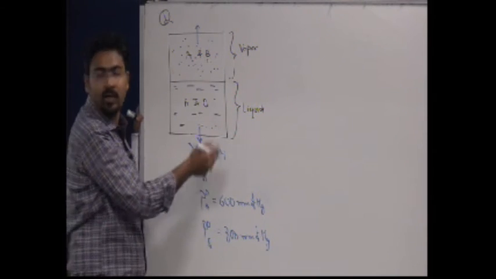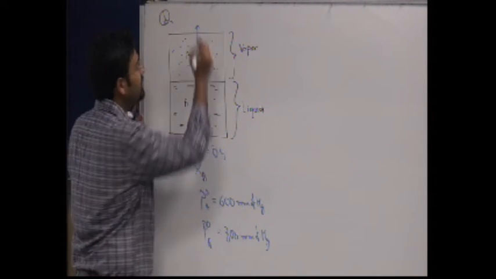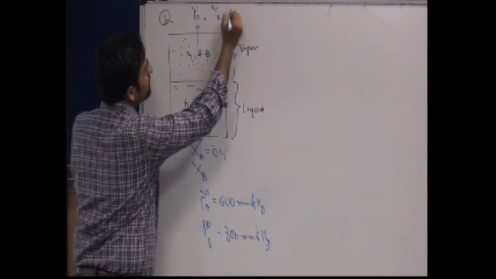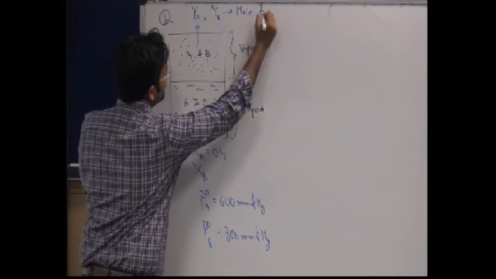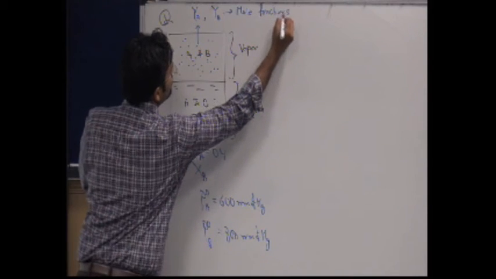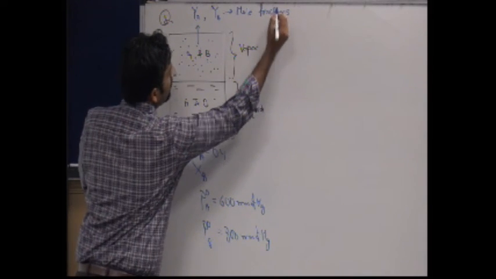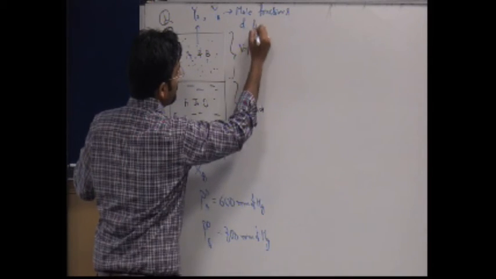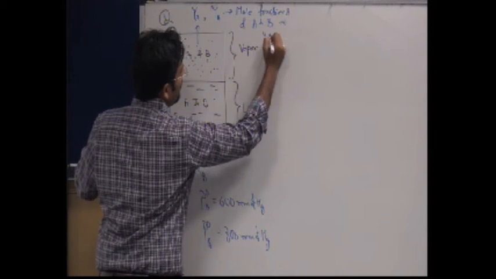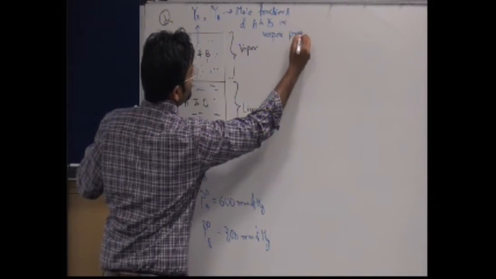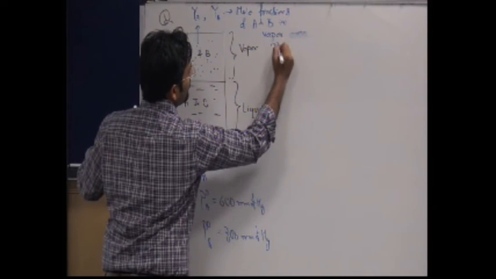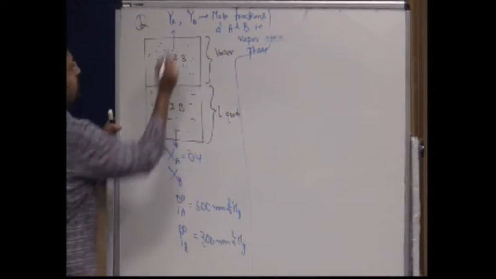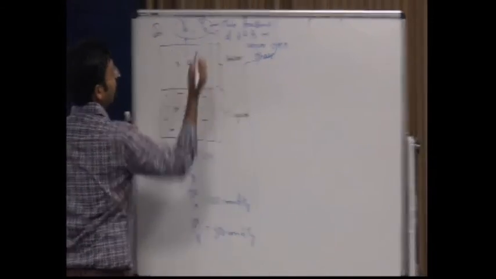Let's assume they are different, which will be the usual case. So the mole fraction of A and B in vapor phase is something we are not sure of, and this is something we have to find out. This is something you have to calculate.